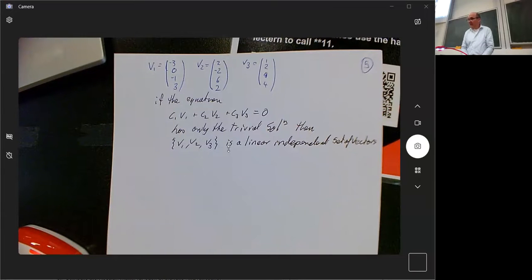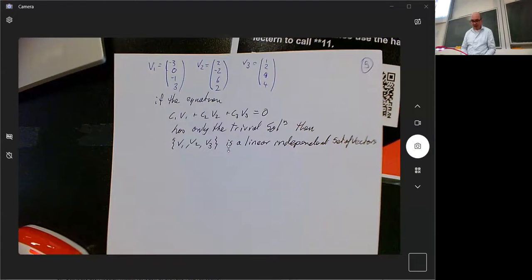Kind of been a little bit pedantic about the language there. Not very pedantic, but a little bit. Linear independence applies to a set of vectors. So we need to make sure we're applying the term to the correct thing.